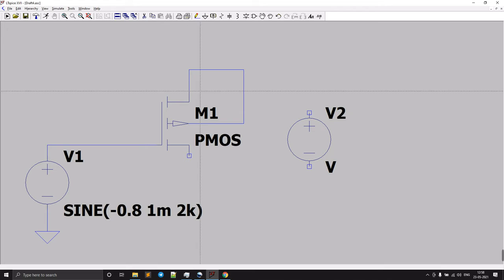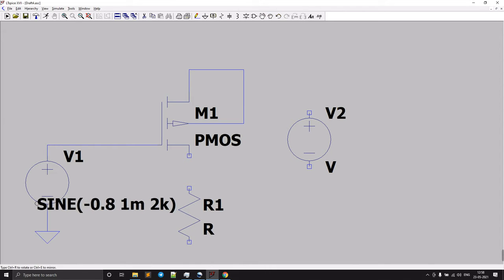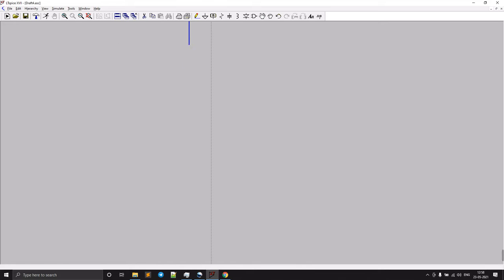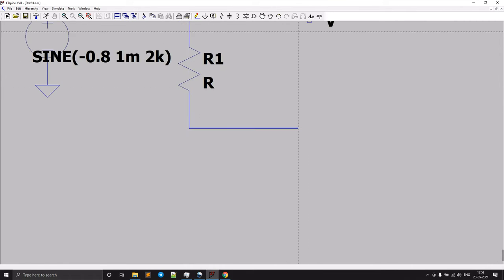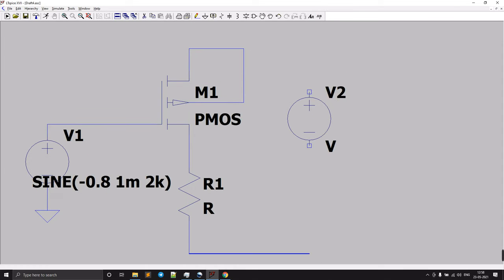Okay, so we connected it, and we need a resistor. So okay, let's say this is a resistor. Let's move this a little bit to the side. Okay, this is our sine wave, and we need to connect from here to here, and from here to this one.